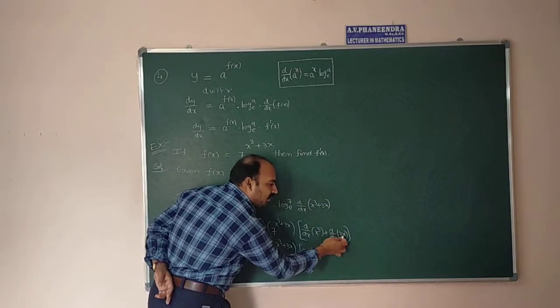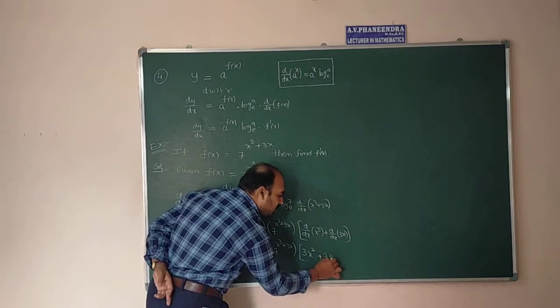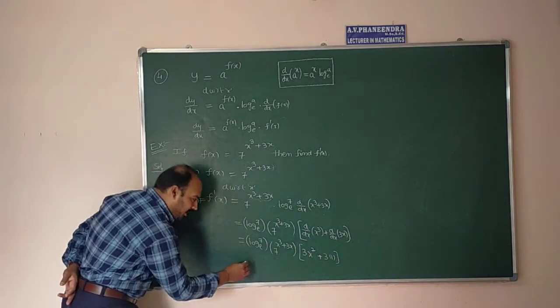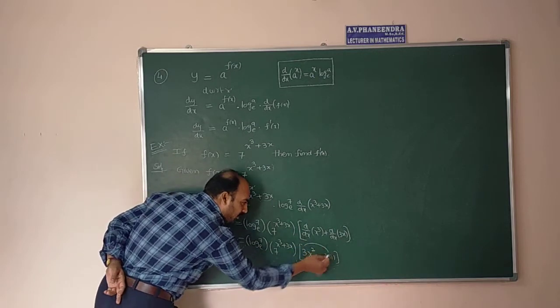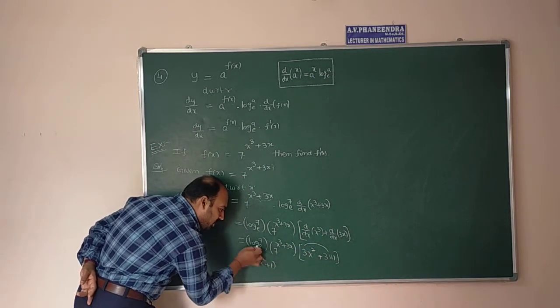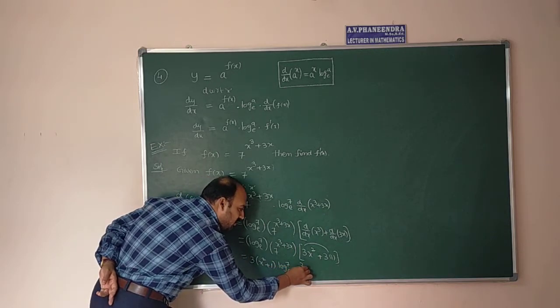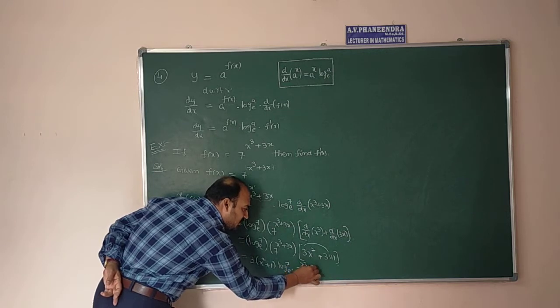D by dx of kx, k constant you can take outside, 3 into d by dx of x is 1. So from these two 3 take common, and write it first. 3 into x square plus 1 into log 7 to the base e into 7 power x cube plus 3x.